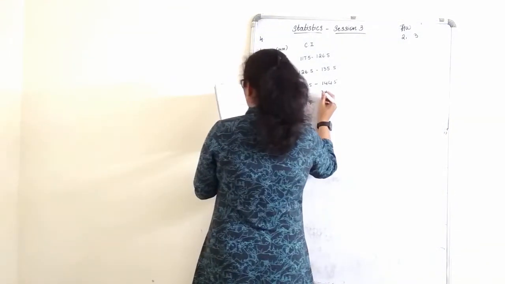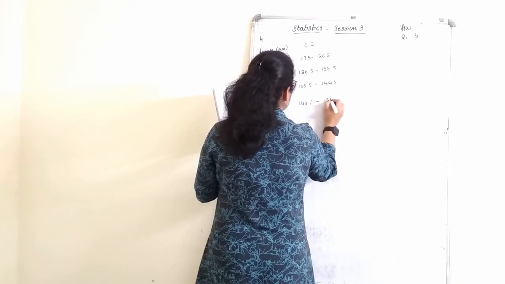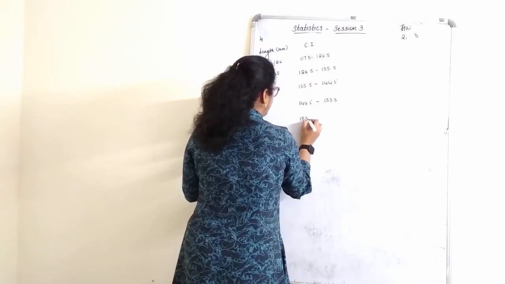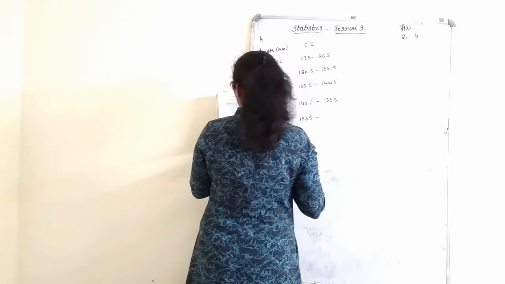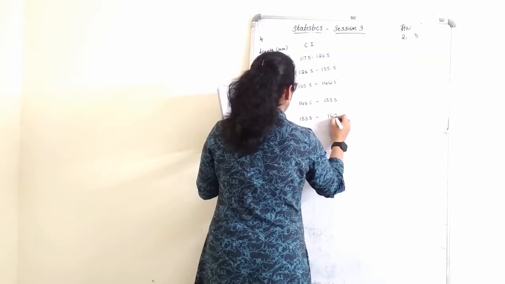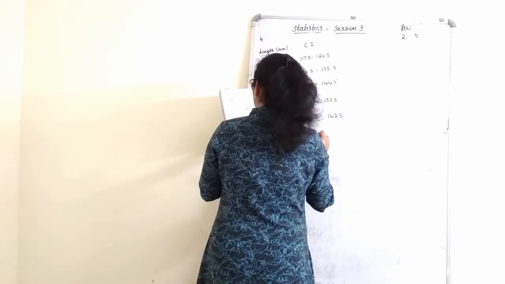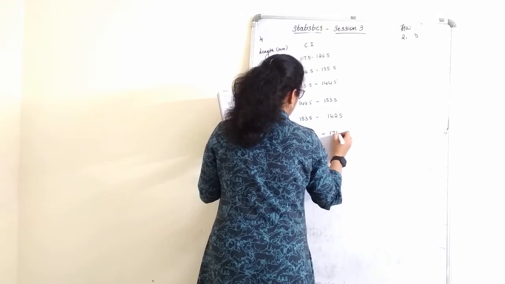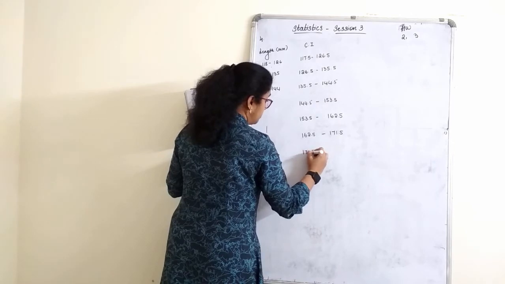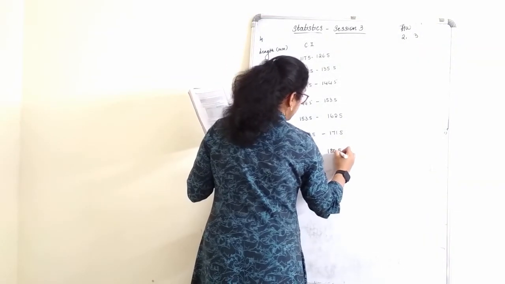The next is 144.5 to 153.5. The next is 153.5 to 162.5. Then 162.5 to 171.5. And the last one, 171.5 to 180.5.